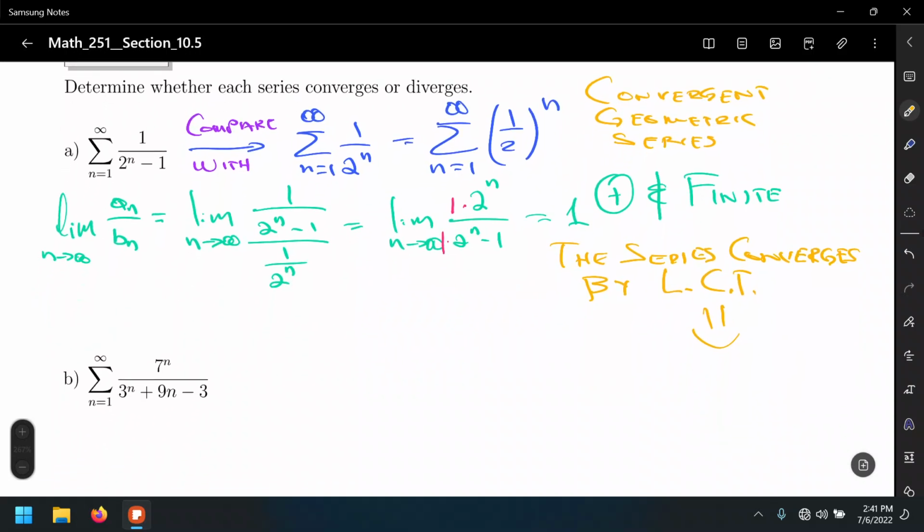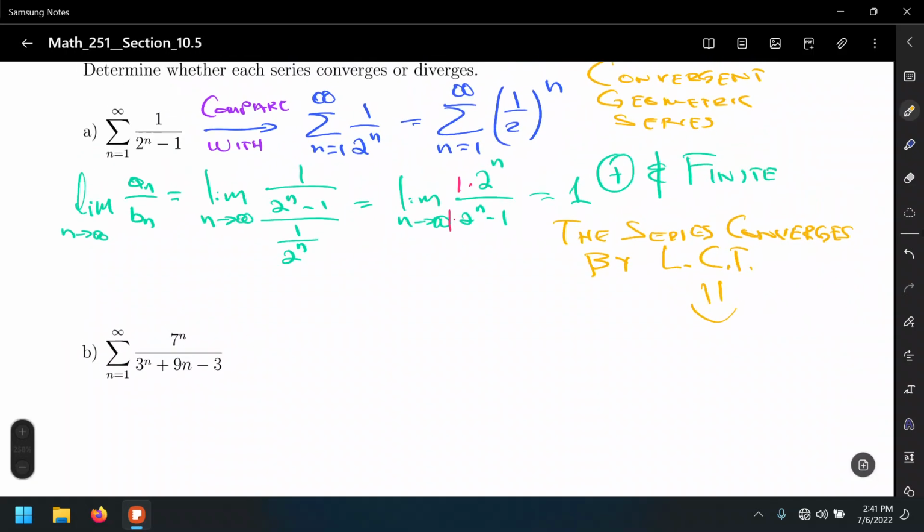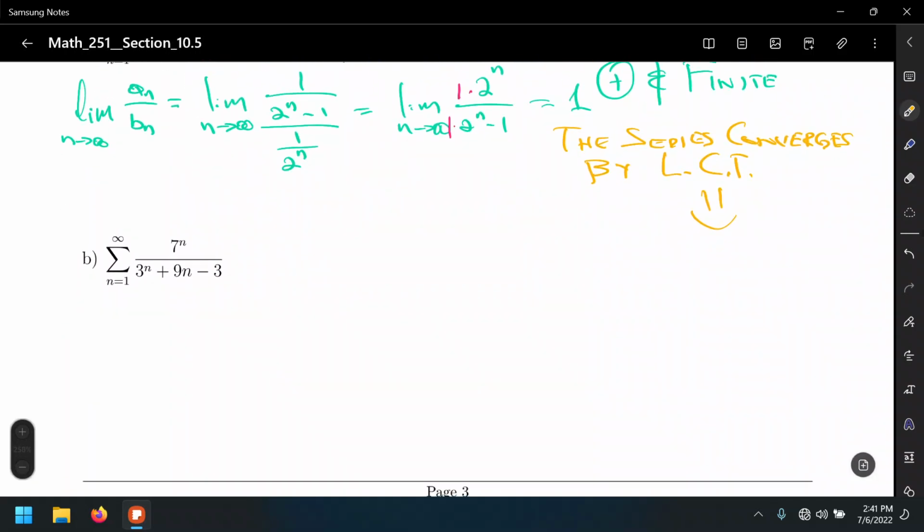Let's use the limit comparison test on the next example. B, sigma n equals 1 to infinity of 7 to the n over 3 to the n plus 9n minus 3. We already did the test series for this at the beginning of the section when we covered the overview of what the comparison tests are about.